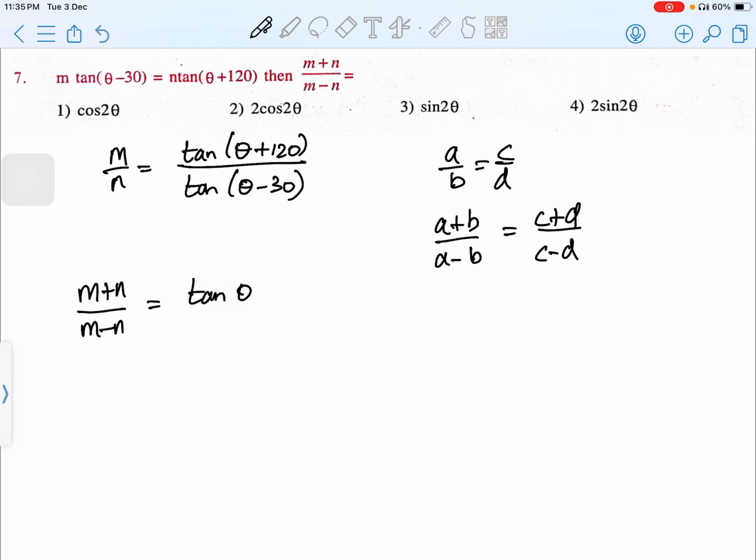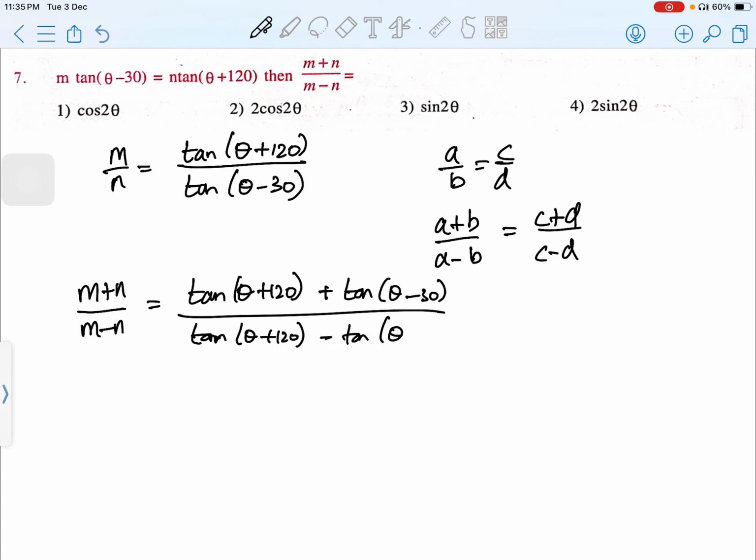Tan of theta plus 120 plus tan of theta minus 30 degree, plus in the numerator, and minus in the denominator. Is it okay? So here a plus b and a minus b format is not there. So you need to convert that.